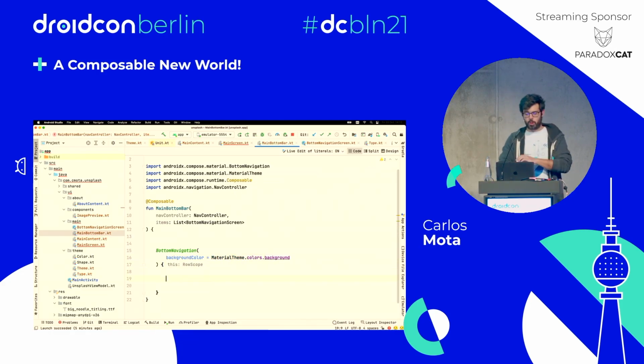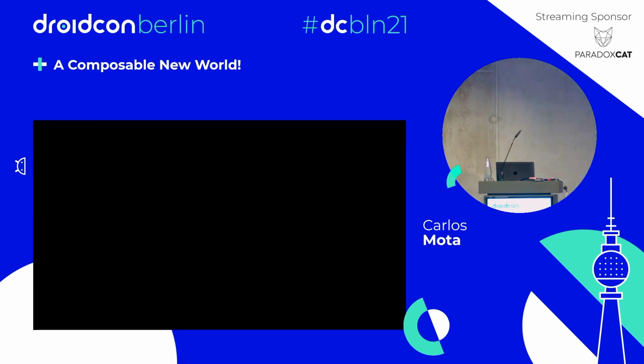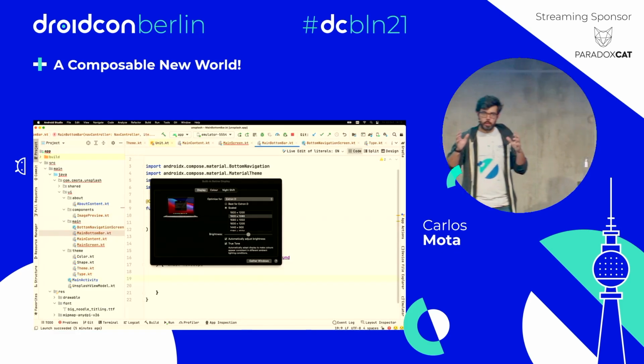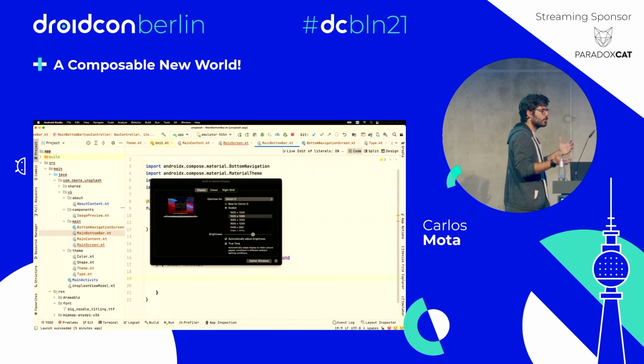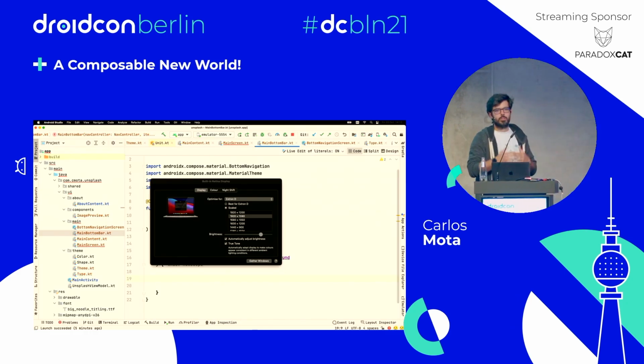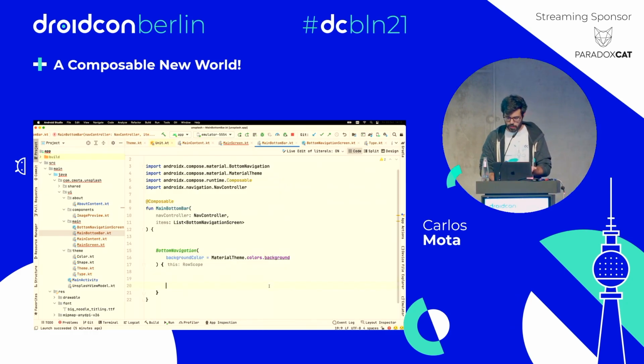Also, we want to show different colors when the user clicks on the other tab, so we need also to remember what was the initial tab selected and what's going to happen when the user clicks on the other tab. So let's create a selected index for this.